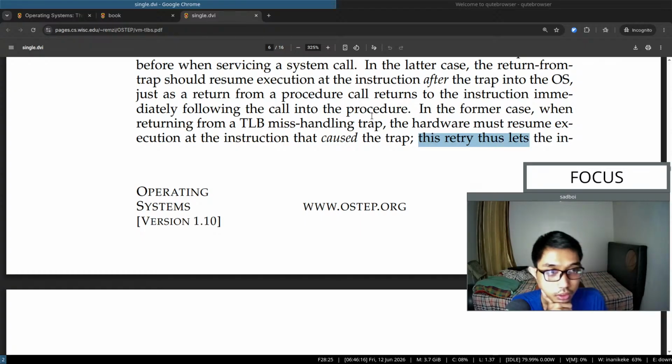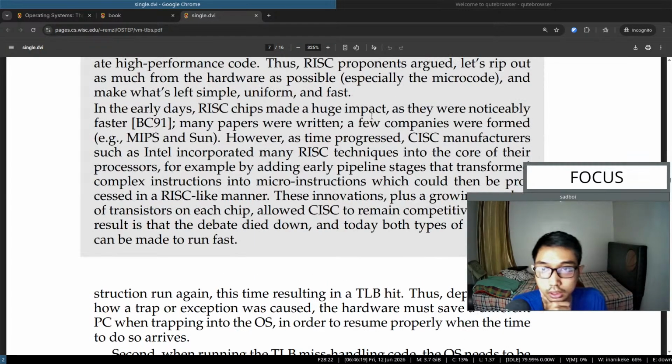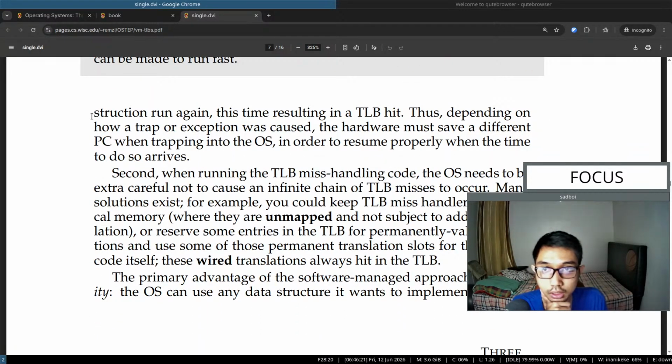This retry lets the instruction run again, this time resulting in a TLB hit, a translation look-aside buffer hit.